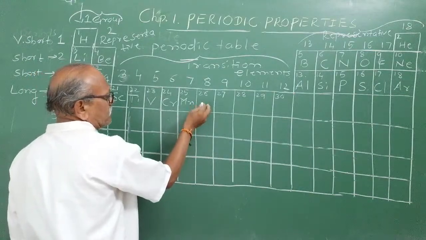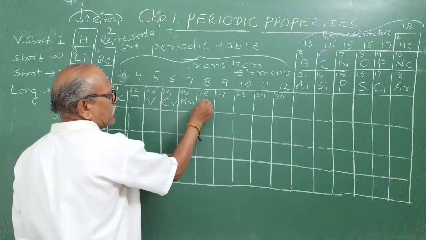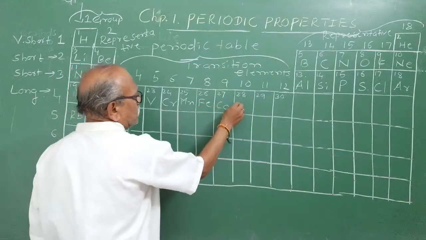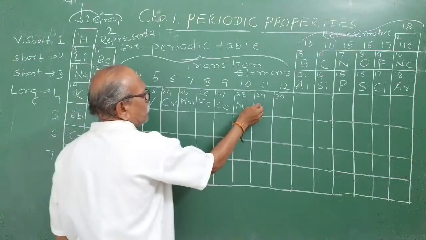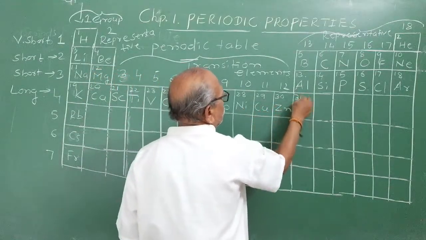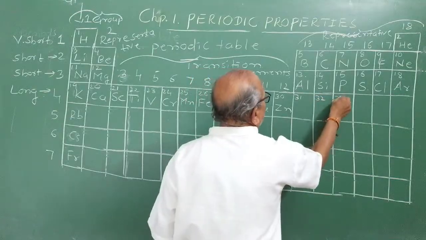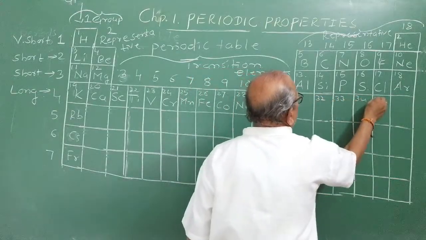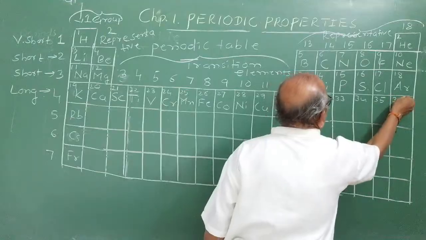Yes, what is 26? Iron, 27 cobalt, 28 nickel, 29 copper, 30 zinc, 31, 32, 33, 34, 35, 36.